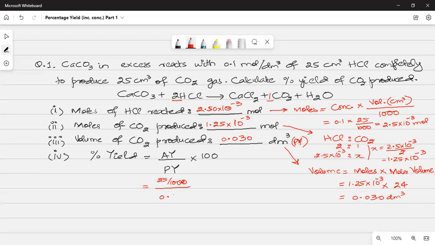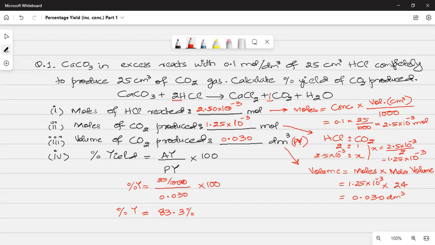And then this 0.030, and that is supposed to be multiplied by 100. So what is the answer to this one? So the answer is 83.3%.